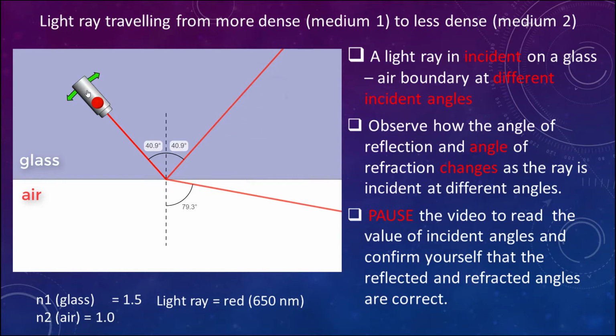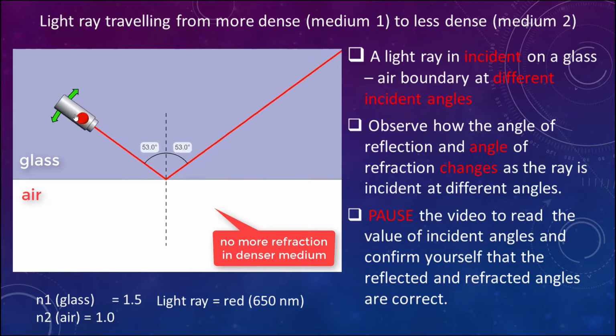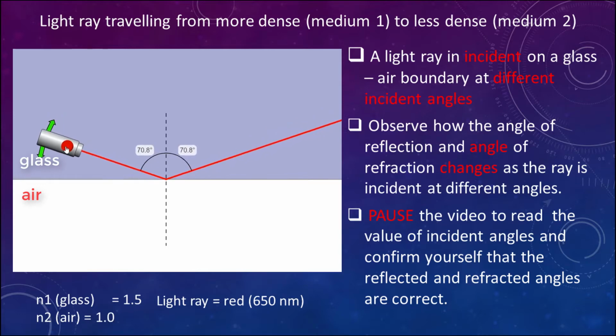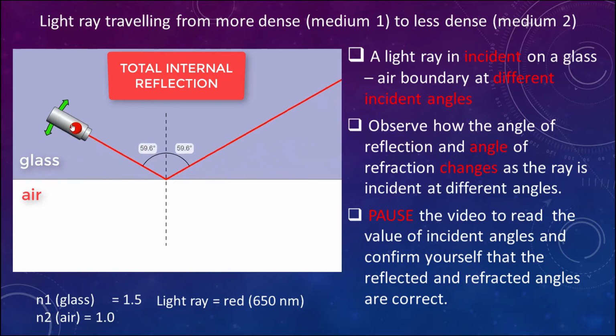When the incident angle is further increased, refraction into the second medium completely vanishes. Instead, the light ray is reflected into the medium from where it came. This effect is called total internal reflection.